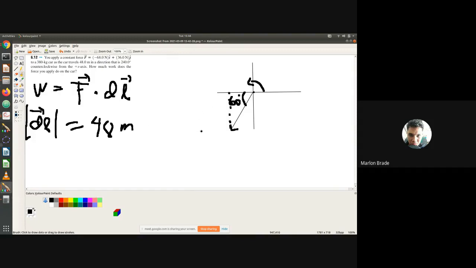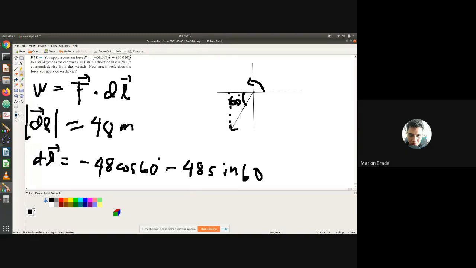Which means we can solve for dl. So dl is equal to negative 48 cosine 60, minus 48 sine 60 degrees. It is in the third quadrant, right? Okay, my bad.